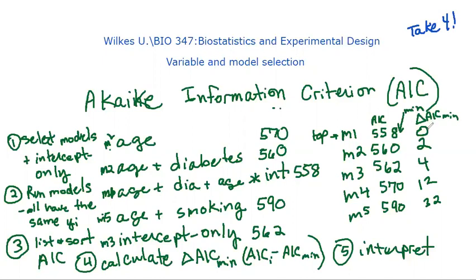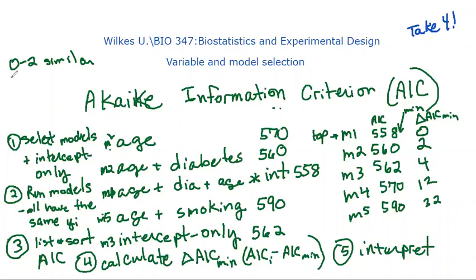So as a general rule of thumb, delta AIC values 0 to 2, we consider them to be similar. And here's the thing, it doesn't matter if it's the top model and the next top or somewhere in here. Any two models within 2 units are considered similar.